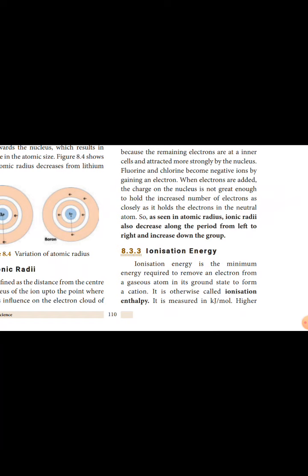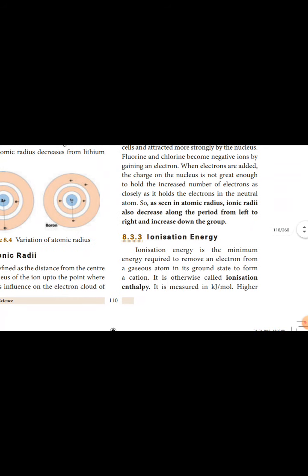And along the group, when you go down from top to bottom, atomic radius increases and ionic radius also increases. Atomic radius increases due to the increase in the valence shell number.